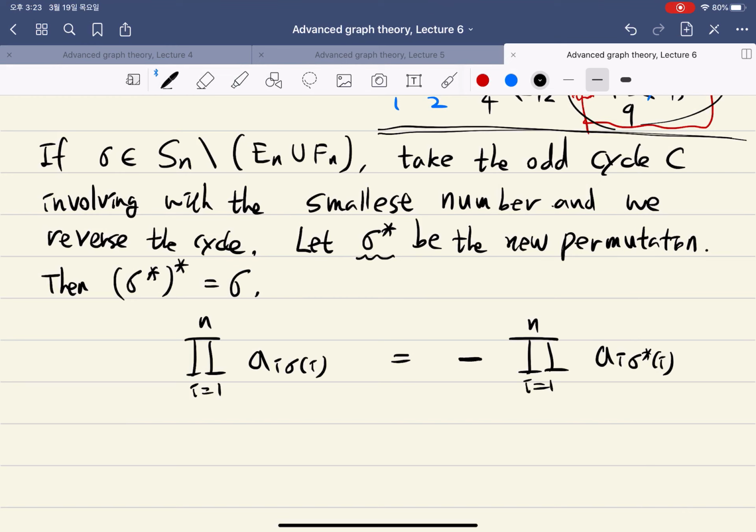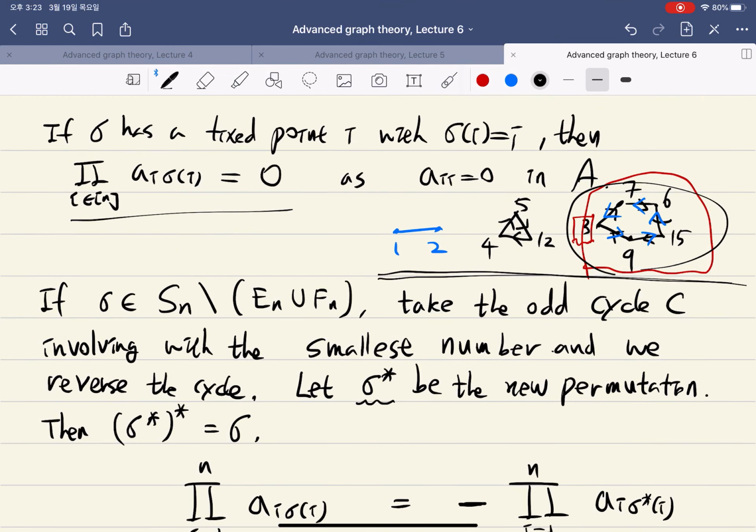Its sign changes. Because here, this is a12 times a45 times a512 times a124 times a37, a76, a93.